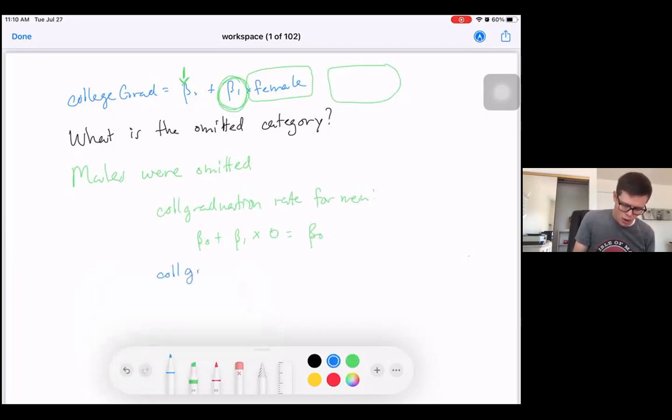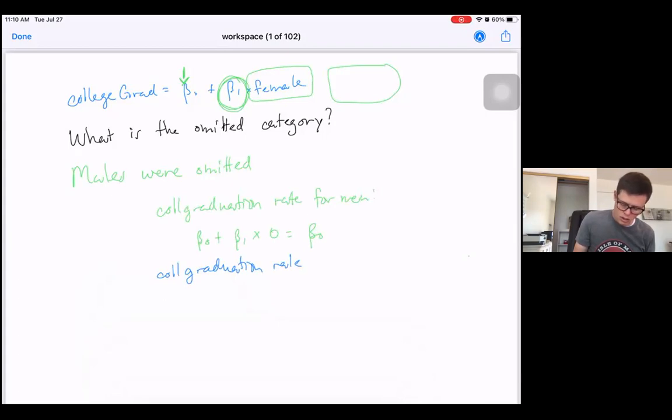The college graduation rate for women is beta naught plus beta 1 times female equals 1. So it's beta naught plus beta 1.